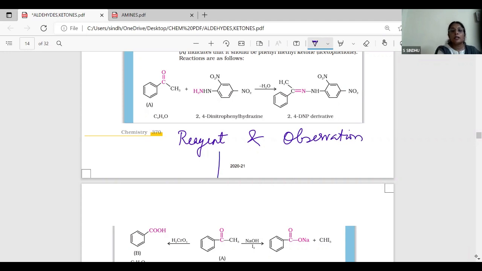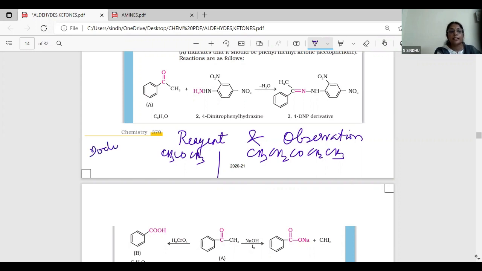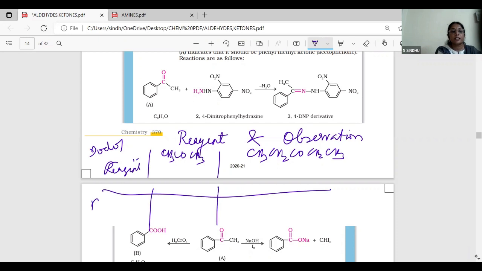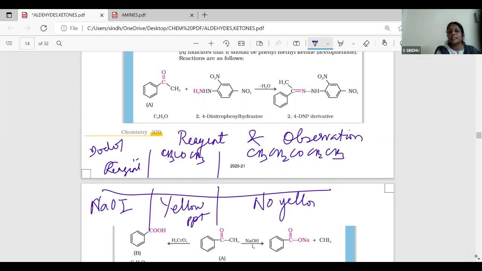If you're asked to differentiate between, say, propanol, acetone, and say pentanol, what they have to write, if it is iodoform, is the name of the test. Reagent here, we can tell them to write it as a tabular column: NaOI or NaOH plus I2. Here we get a yellow precipitate, whereas here no yellow precipitate. It's an easy way to teach the children to study it this way.